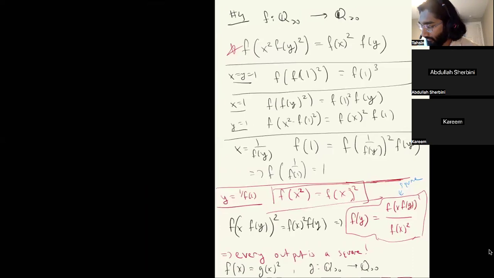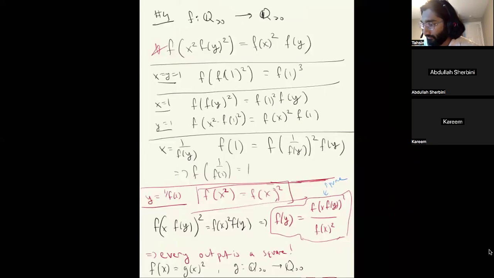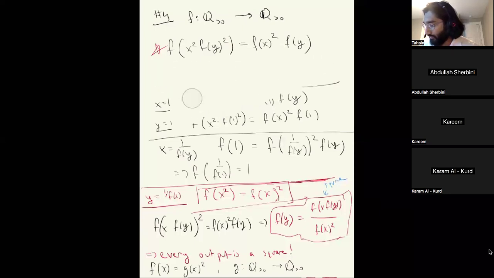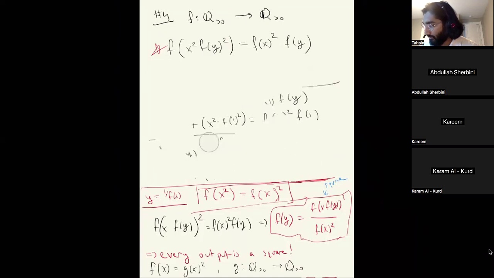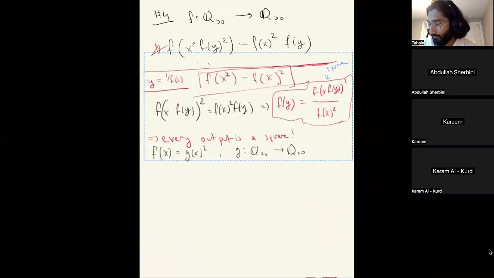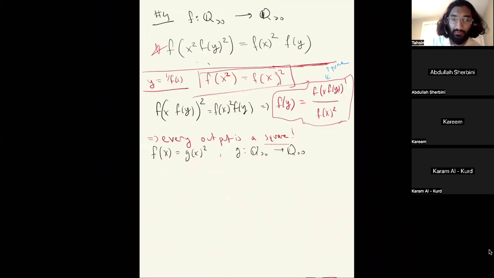So let's duplicate, go here, and sort of erase all of these. Right, so every output is a square, so you can say f actually comes from a function g, and it's the square of some function g, right?